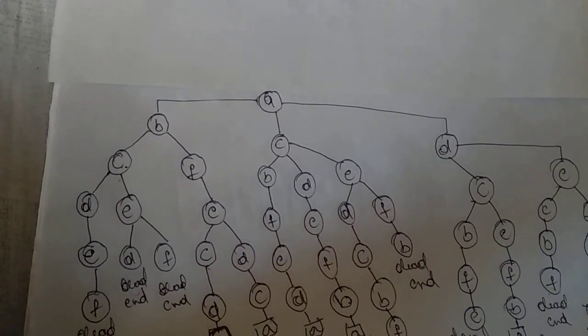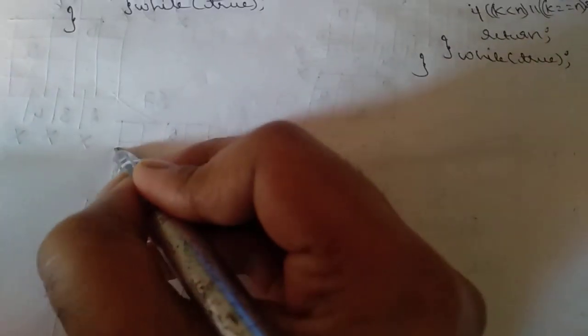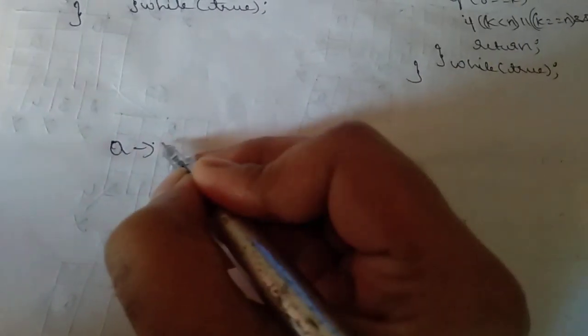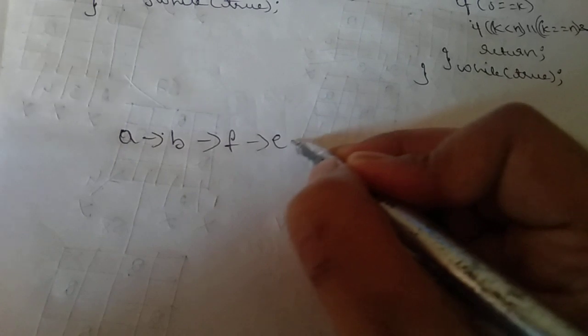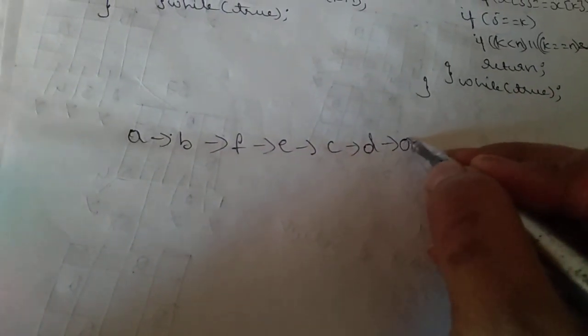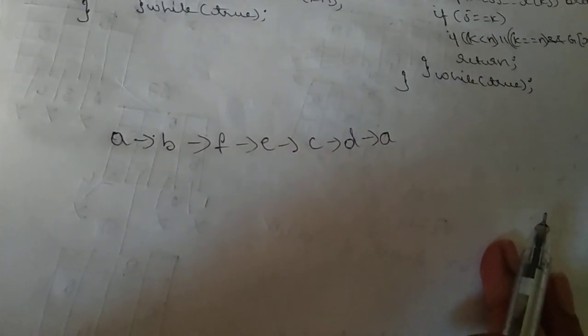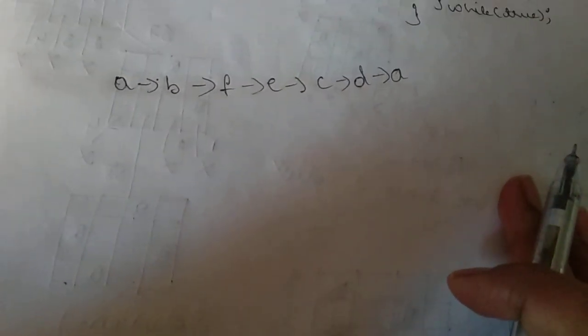I'll just write the solution. A to B, B to F, F to E, E to C, C to D and D to A. This is forming a cycle with all the vertices present.